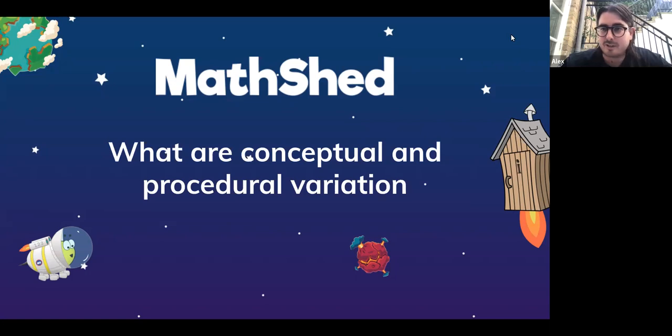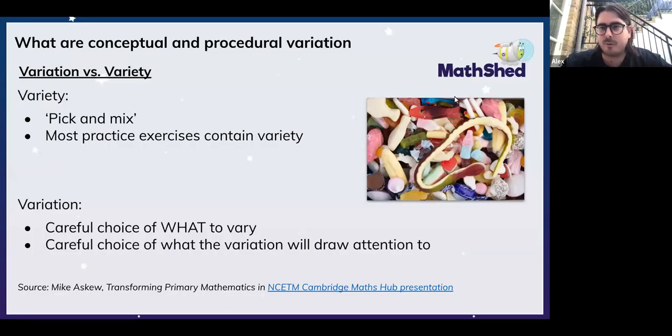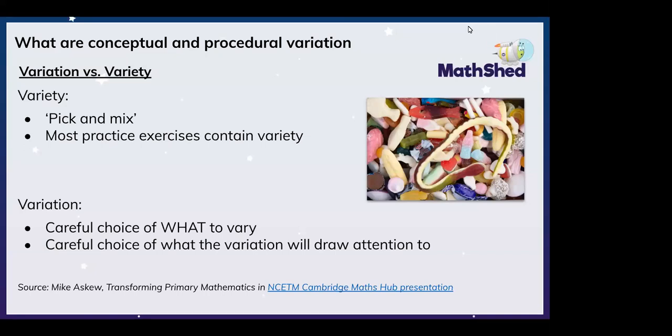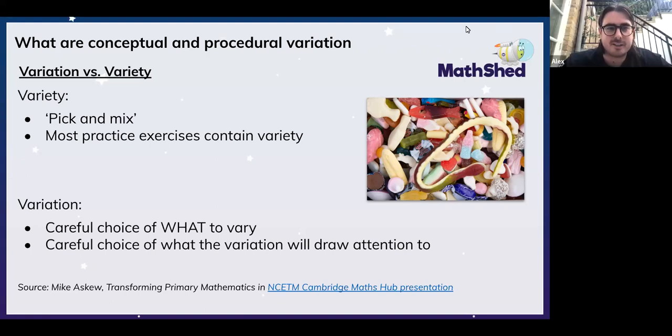So what are conceptual and procedural variation, and why do they matter? To start off with, it's important to distinguish between variation and variety. Variety is just having a random mix of questions, so there isn't really any rhyme or reason to it.